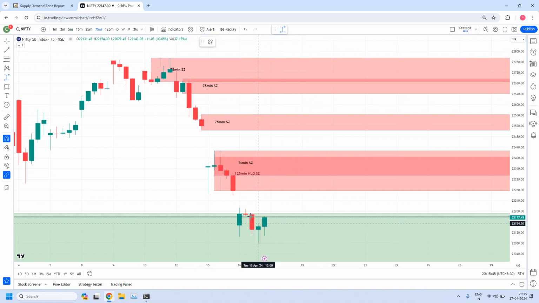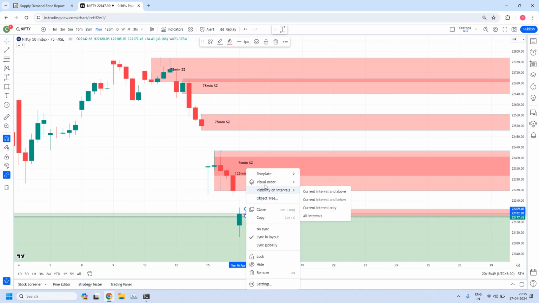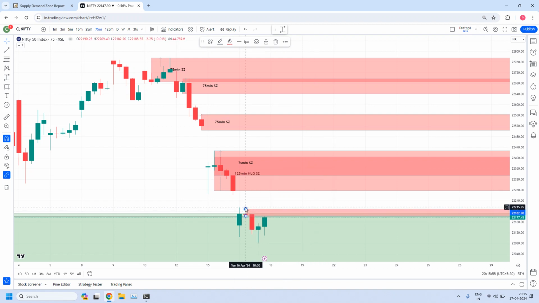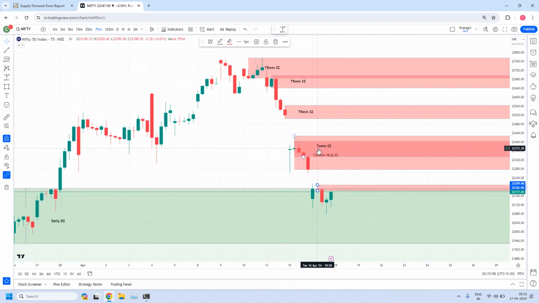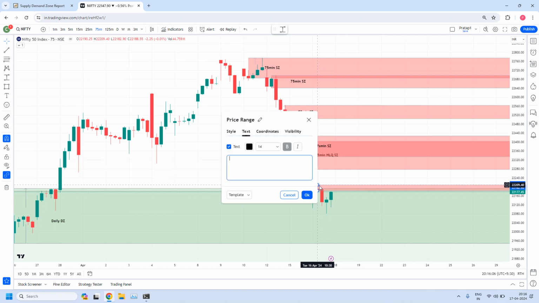And now software considered this as a high liquidity 75 minute zone. Very interesting. Within the daily demand zone, the institutions created one high liquidity 75 minute supply zone exactly there. Very interesting.